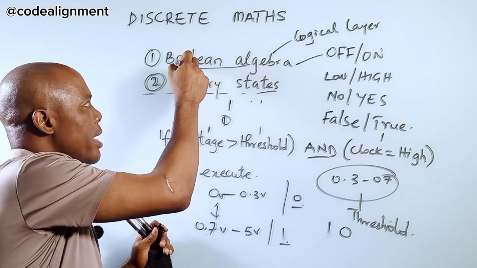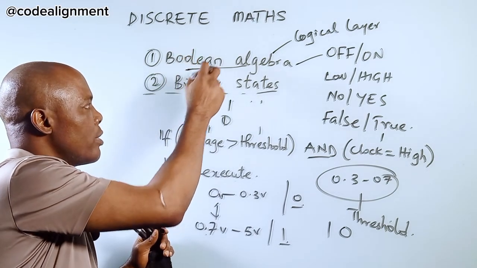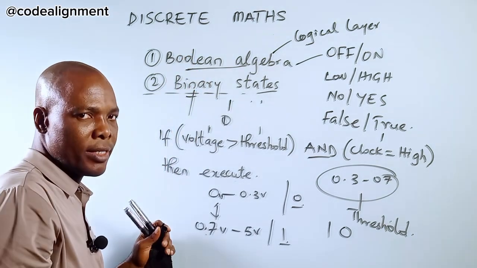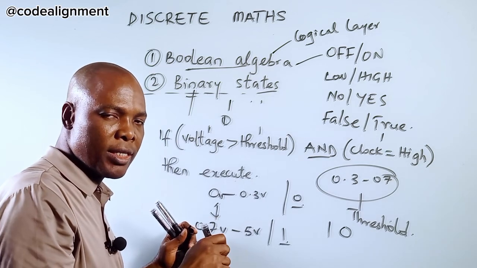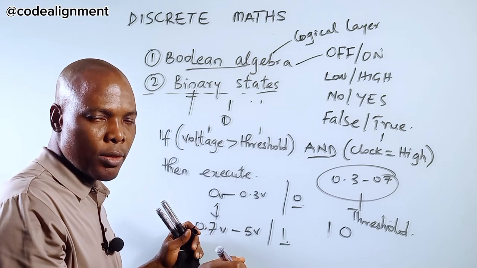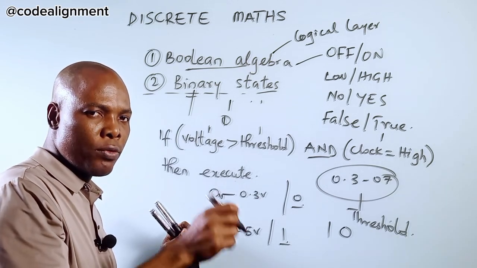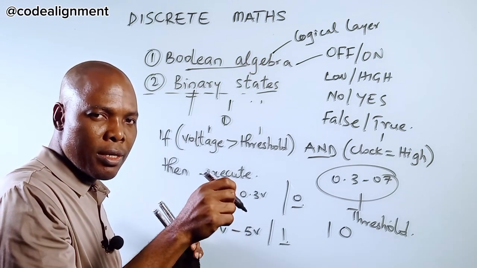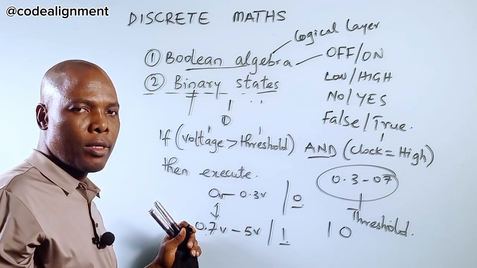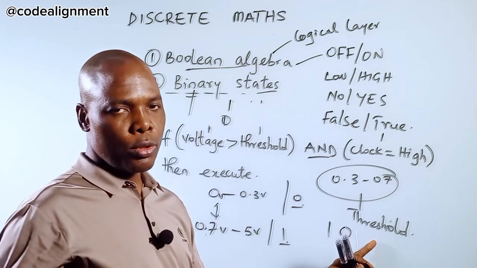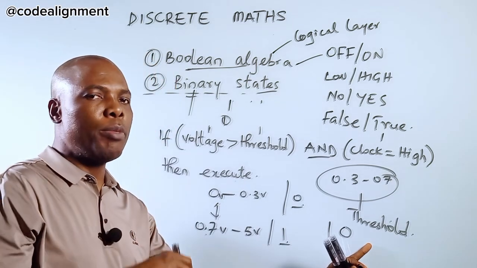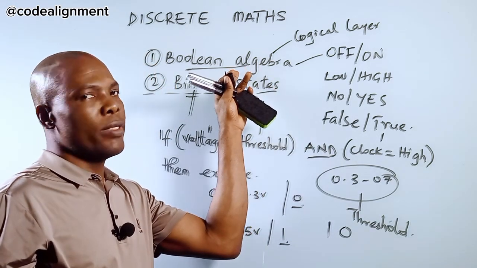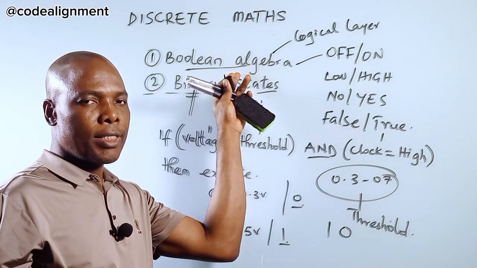That is why I am showing you Boolean algebra and binary state. First, physics has to convert uncertainty to certainty, which is to convert the smooth flow of voltage to 0 or 1, using the concept of threshold, before a decision can be taken by evaluating those states.